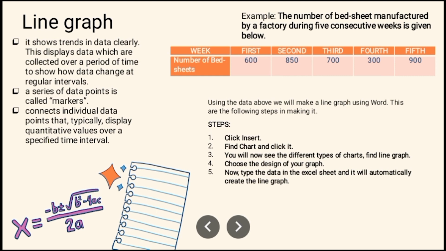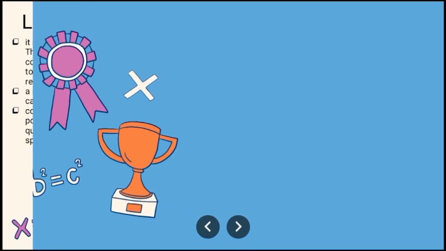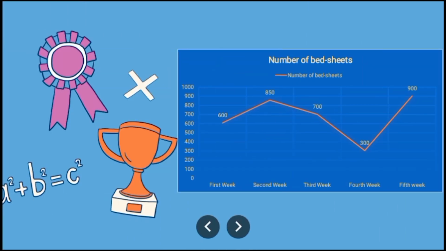These are the following steps. Click Insert, find Chart, and click it. You will see the different types of charts. Find line graph. Choose the design of your graph. Now type the data in the Excel sheet and it will automatically create the line graph. So this is an example of a line graph.